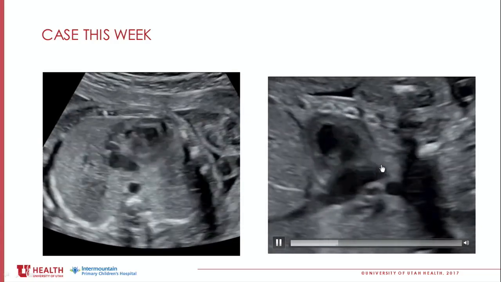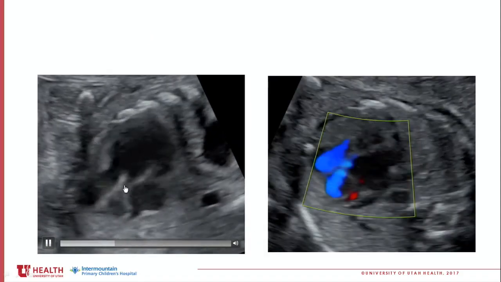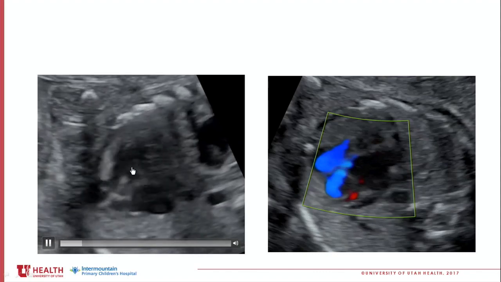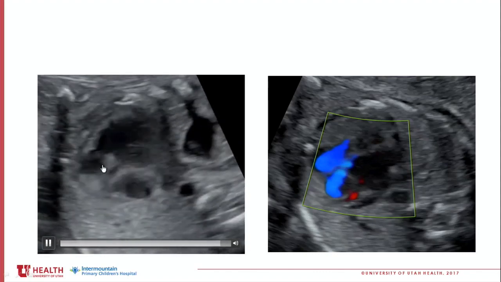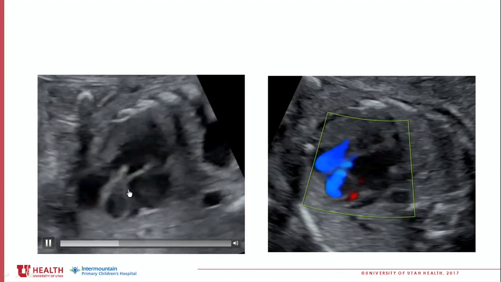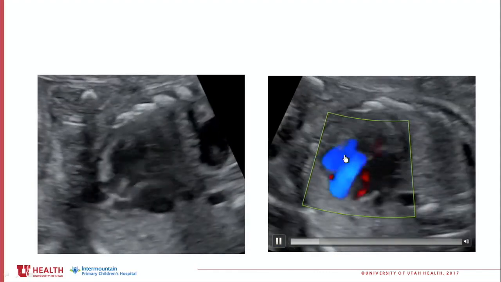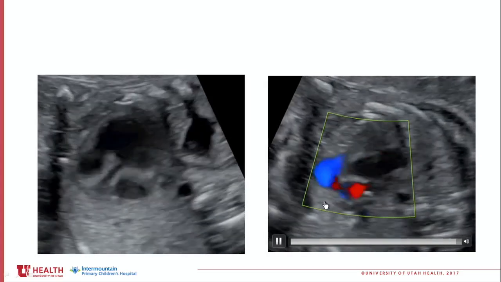So there were side-by-side great vessels coming out of the heart. And here it is again, side-by-side great vessels with this big nub of muscle in between these two great vessels. I wasn't sure which one was which, but they're both coming out together. And then by color, there is antegrade flow out both.